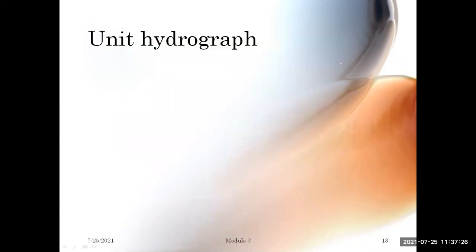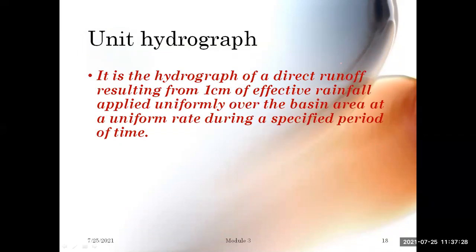So coming to the definition of unit hydrograph, it is a hydrograph of direct runoff resulting from 1 centimeter of effective rainfall which is applied uniformly over the basin area at a uniform rate during a specified period of time.